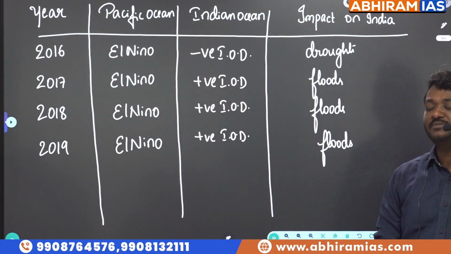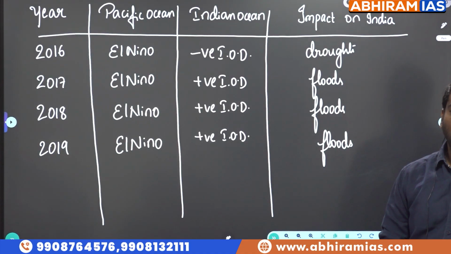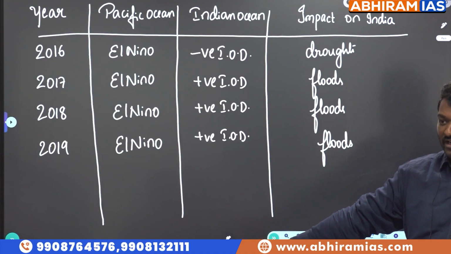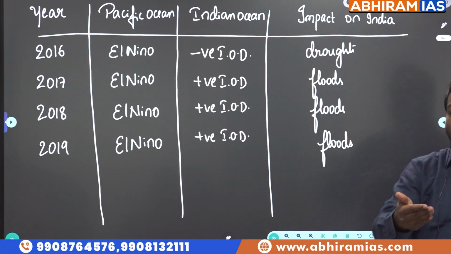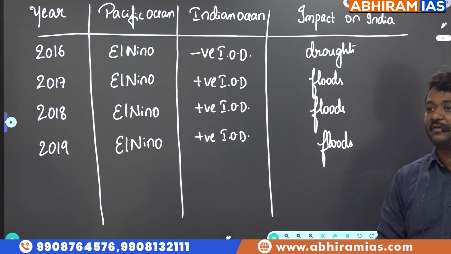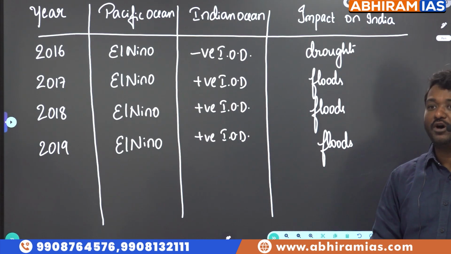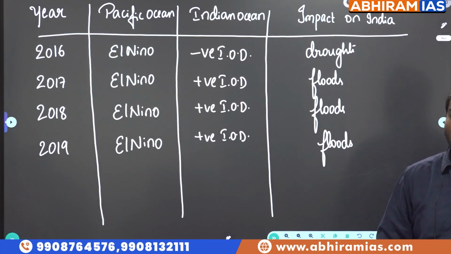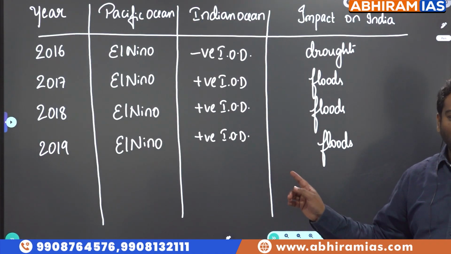But El Nino comes in December, IOD comes in July. Last December we got El Nino. Next July I will get to know whether there is positive IOD or negative IOD. Monsoon hits in June. So my prediction cannot be on the basis of IOD. So I have to rely on El Nino and La Nina.